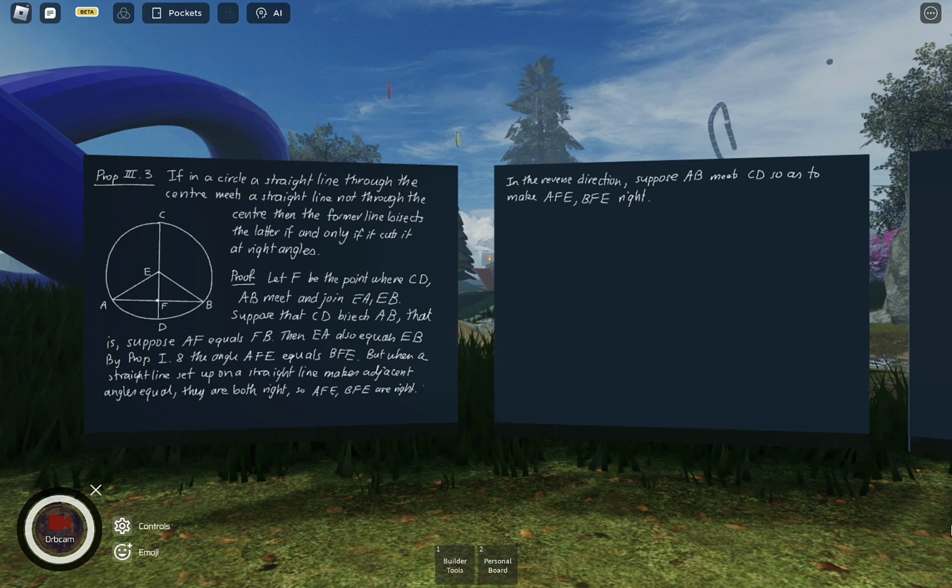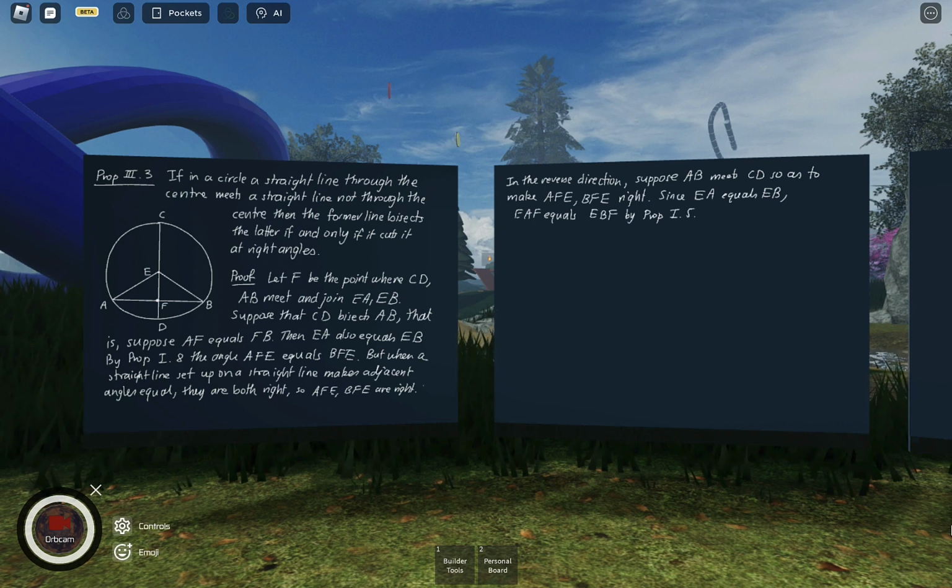Okay, well, since EA equals EB, EAF equals EBF by proposition 1.5. If I remember correctly, proposition 5 says that if you have two angles equal in a triangle and one of the sides, then they're congruent.